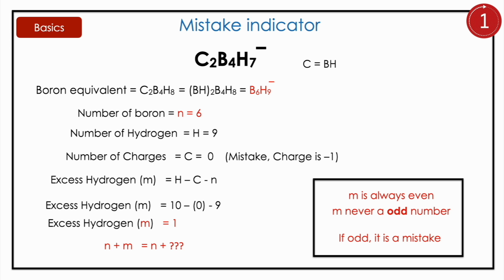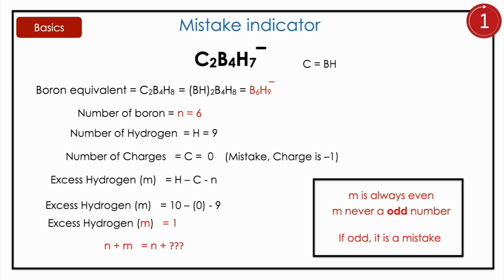Then you should know what mistakes you may commit. While you solve the problem, you should remember that M should not be an odd number. If it is an odd number, you have committed a mistake, either by adding or removing the charge or counting the borons or hydrogens. Here I have given C2B4H7 minus.